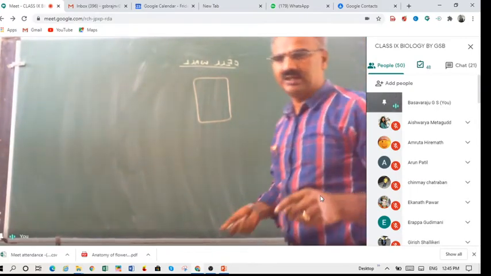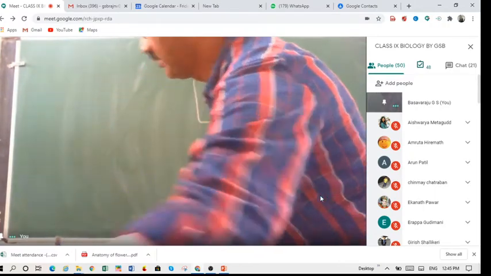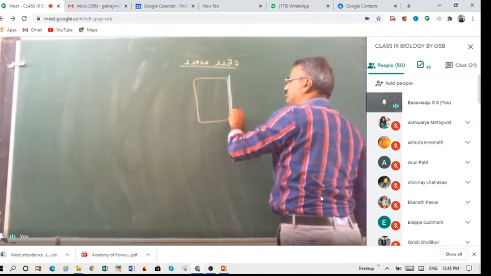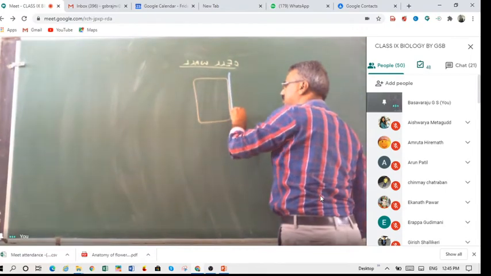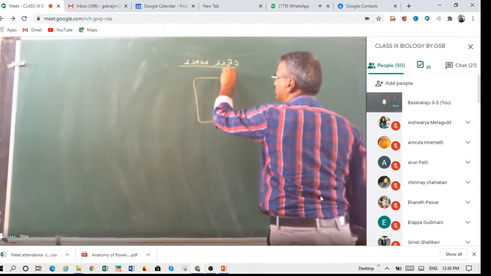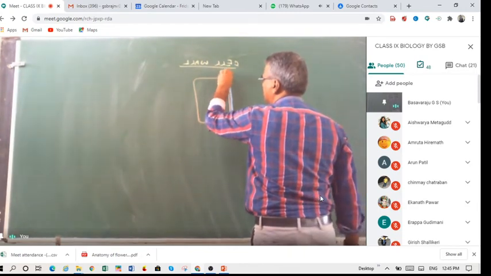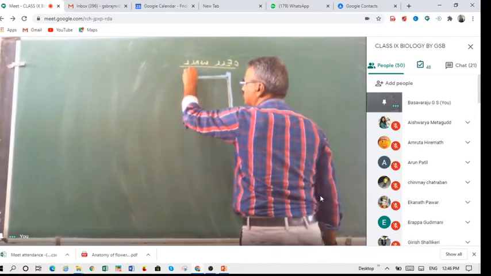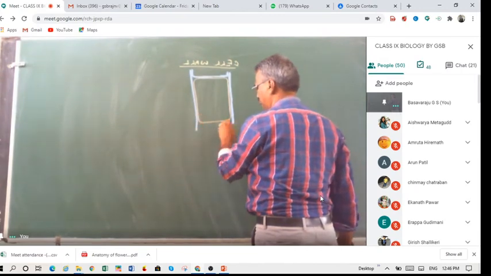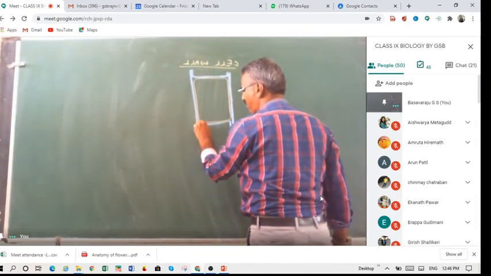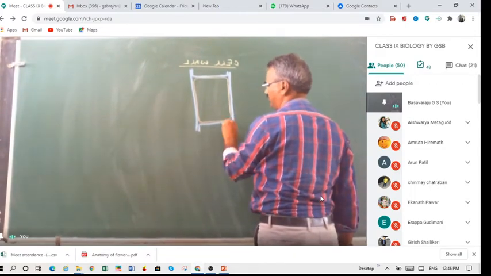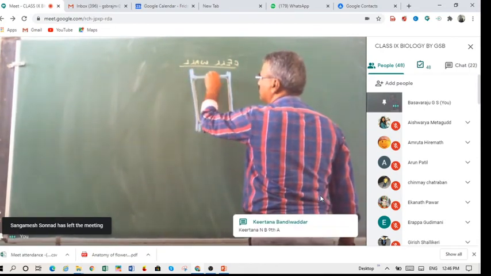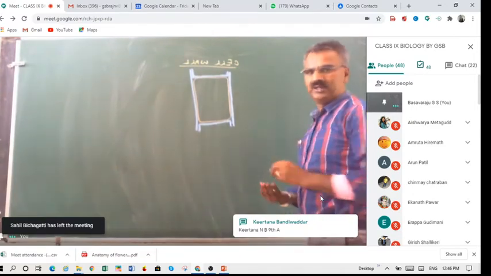And you are having a thick layer which is present around this. So let me say this is the cell wall.